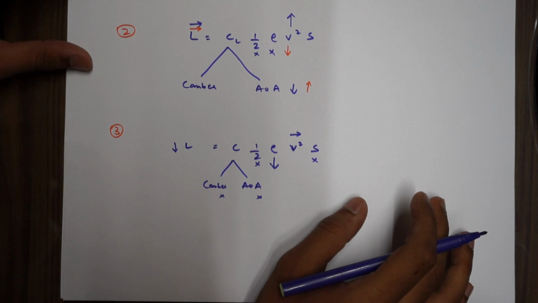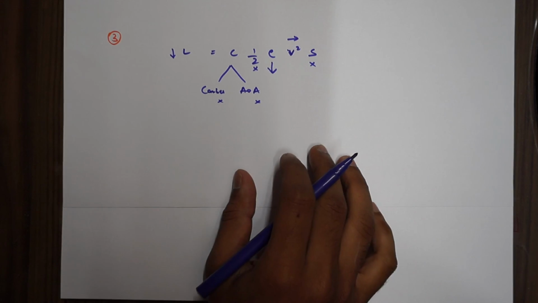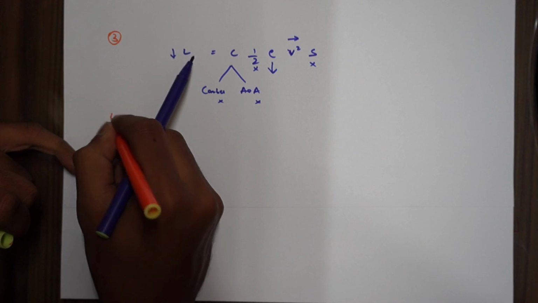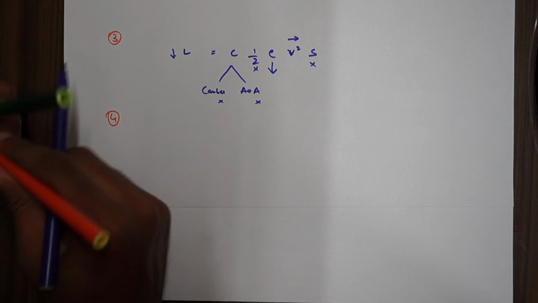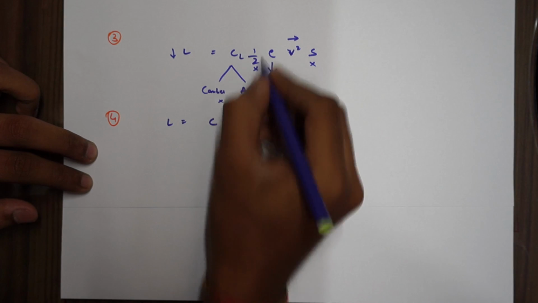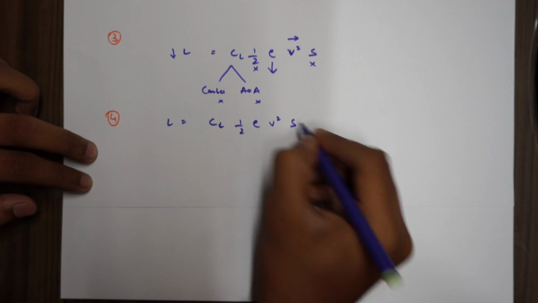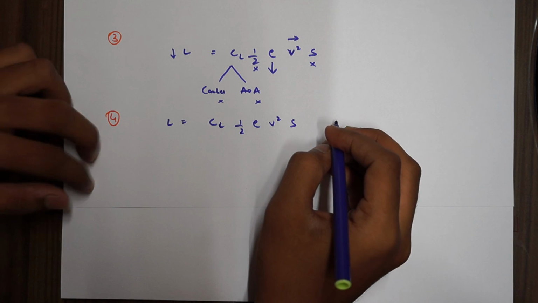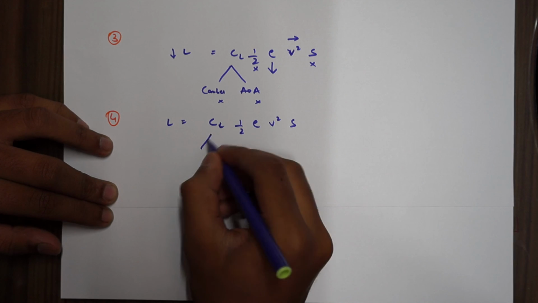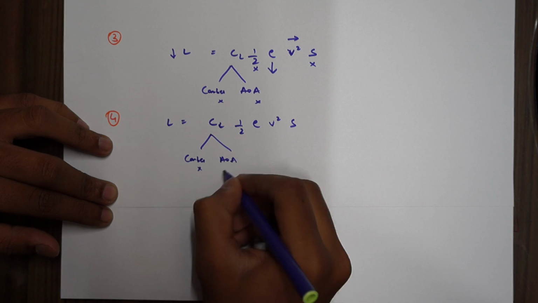Last and final one is a tricky one, an important one as well. So let us discuss that. Fourth one. Lift equals CL half rho V square S. This case says that camber and angle of attack are kept constant.